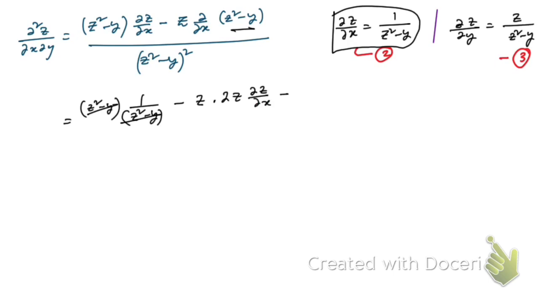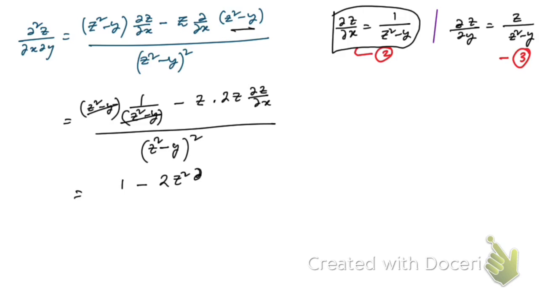Then because of the minus, that's going to be plus, and differentiating y with respect to x gives 0, divided by the denominator square, z square minus y whole square.